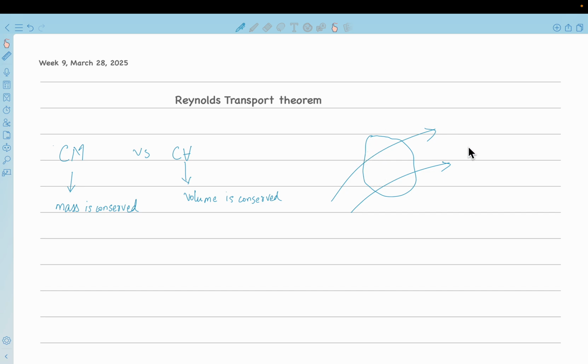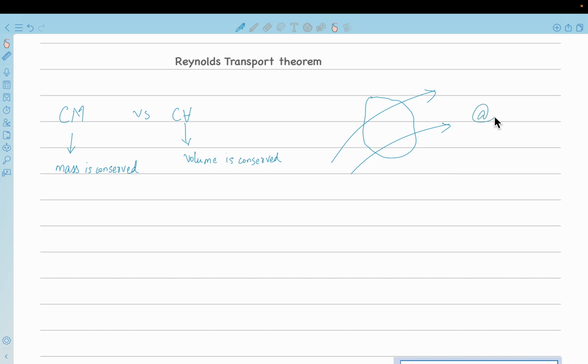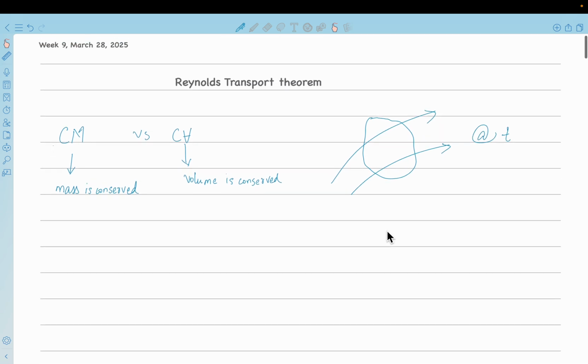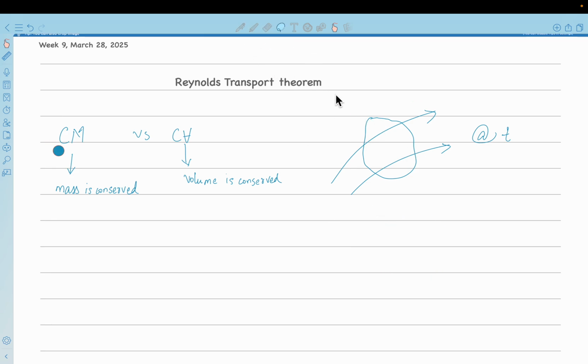At the next time instant, what will happen? It is possible that this is at time t. First, let me copy the same picture for you.